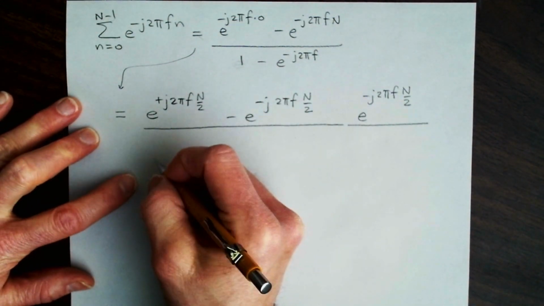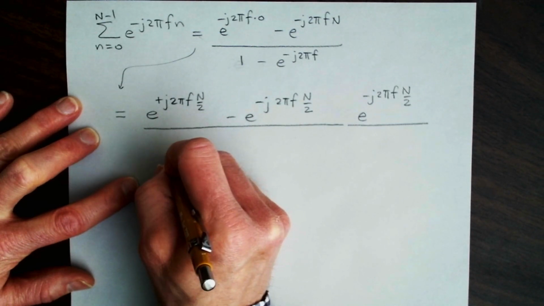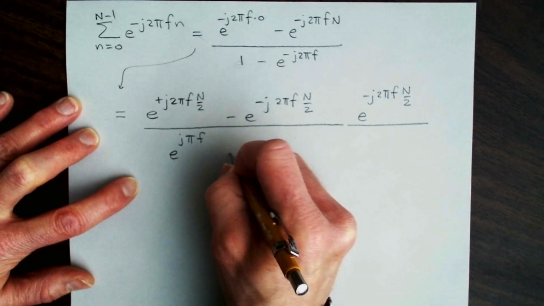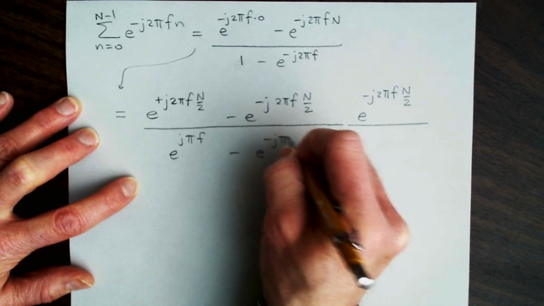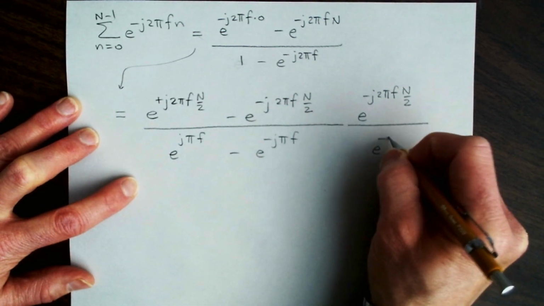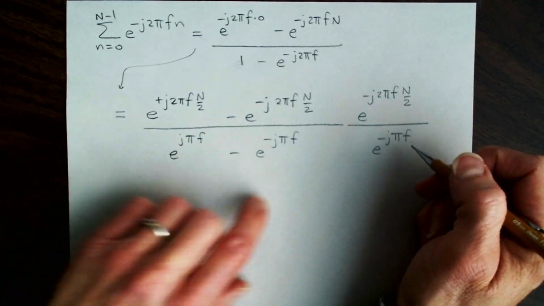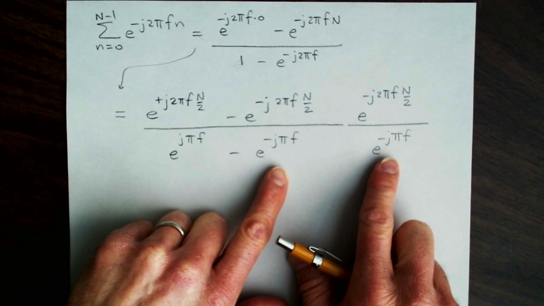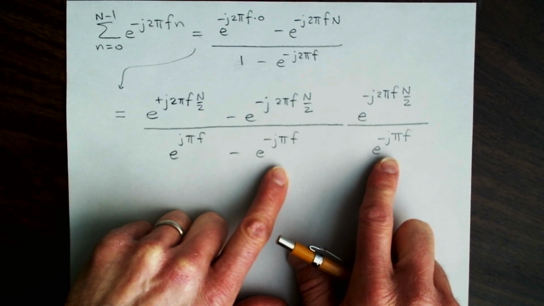We can do the same thing in the bottom. Here we'll have e to the j pi f minus e to the minus j pi f, and then e to the minus j pi f. If we check that by multiplication, this will recover a 1, and this will recover e to the minus j 2 pi f.